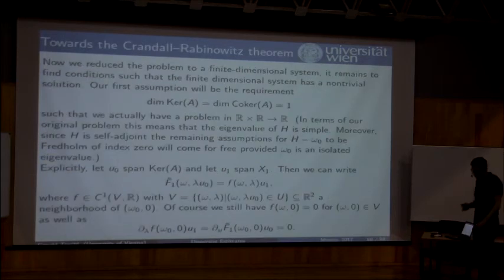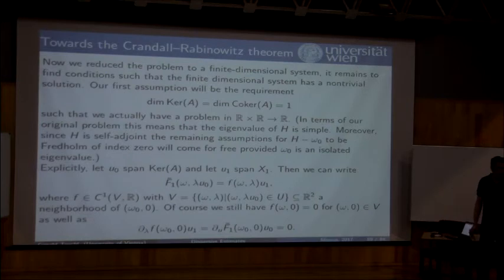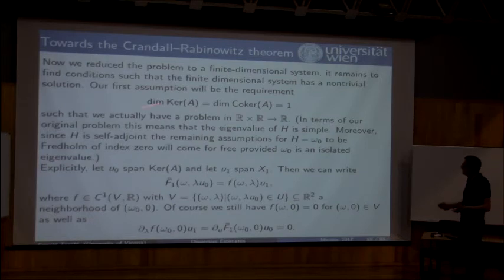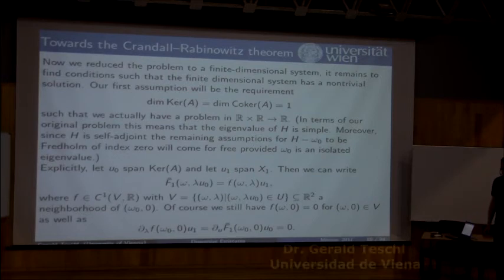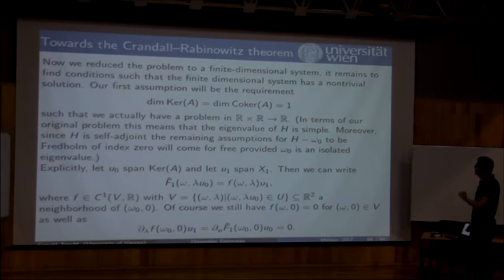Okay, so once we have done this, now we can try to look at this finite dimensional system and ensure that there is something non-trivial going on, and this typically goes under the name Crandall-Rabinowitz theorem. So this is the next step we want to do. We have reduced it to a finite dimensional system.